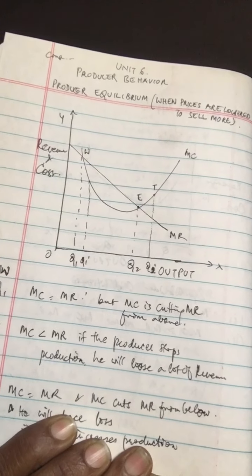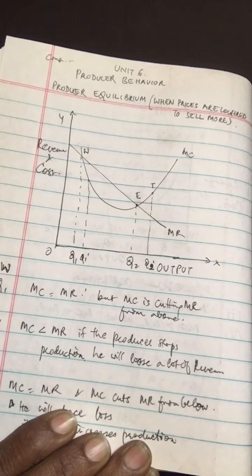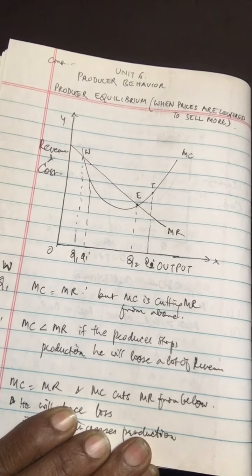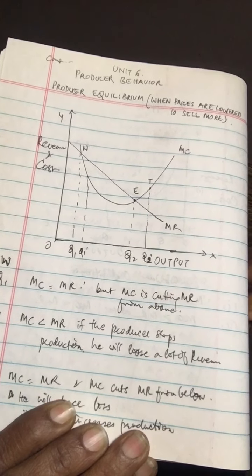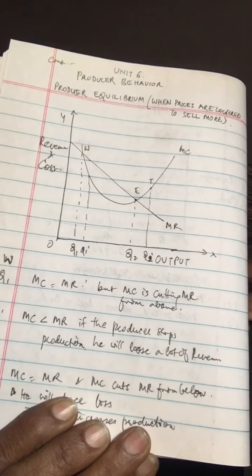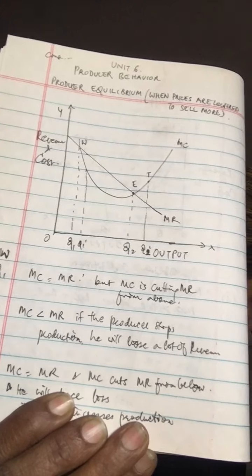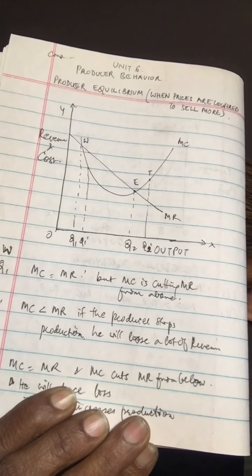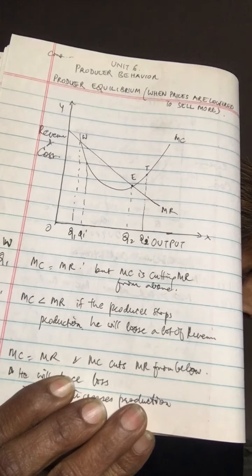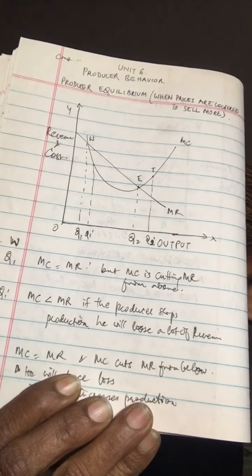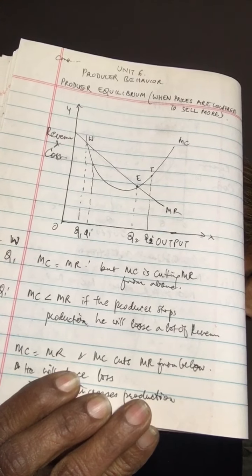Here the MC curve intersects the MR curve at 2 places, W and E. So MC is equal to MR at 2 output levels, OQ1 and OQ2. But out of that, we will select OQ2 as the equilibrium output, because it satisfies both the conditions of equilibrium, that is MC is equal to MR.